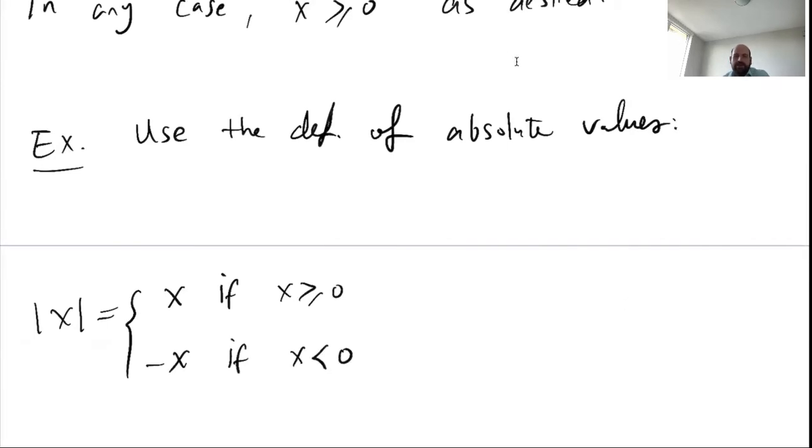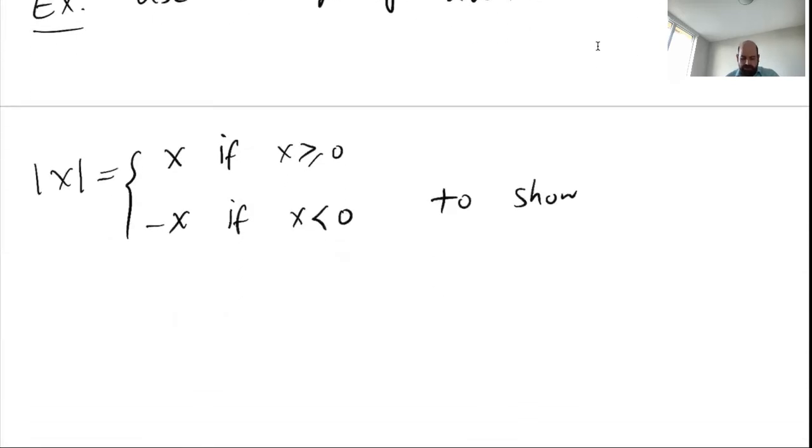Okay, so this is the definition of absolute value of x, to show that absolute value of x is bigger than or equal to 0 for every real number x.